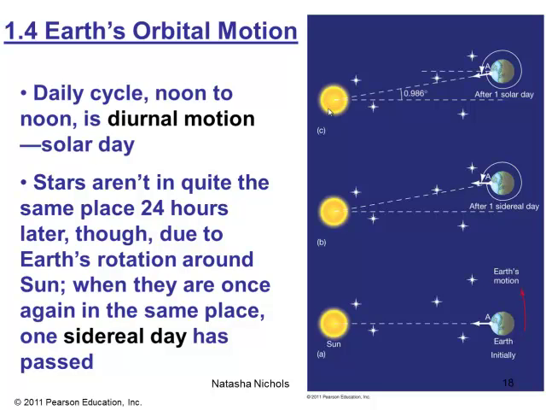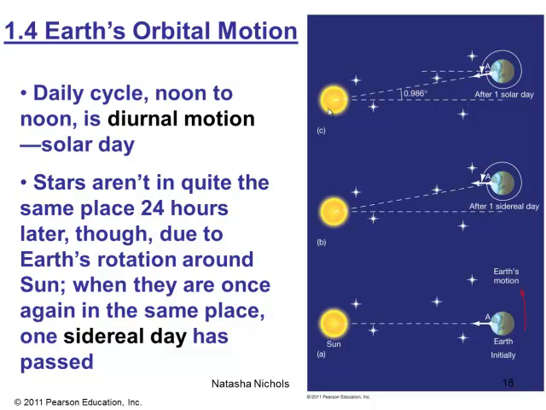Let's talk a little bit about the Earth's orbital motion. I want to talk about the distinction between a solar and a sidereal day. A sidereal day is the Earth's true rotation period, the time taken for our planet to return to the same orientation in space relative to the distant stars.